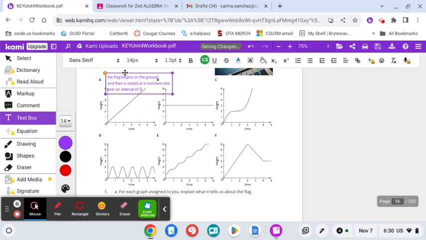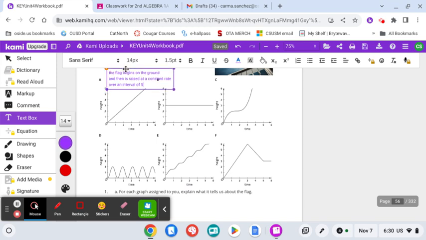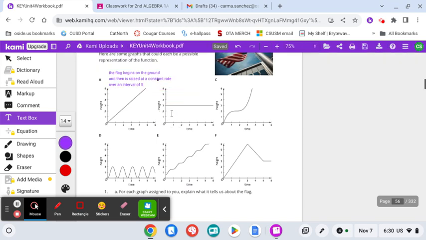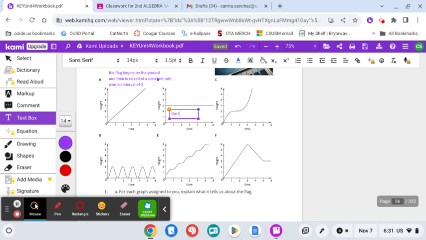We don't know if the height is in feet or meters. So we'll just say that. The flag is at 3 to start and stays there. So it doesn't get raised at all, it just stays at the same height.